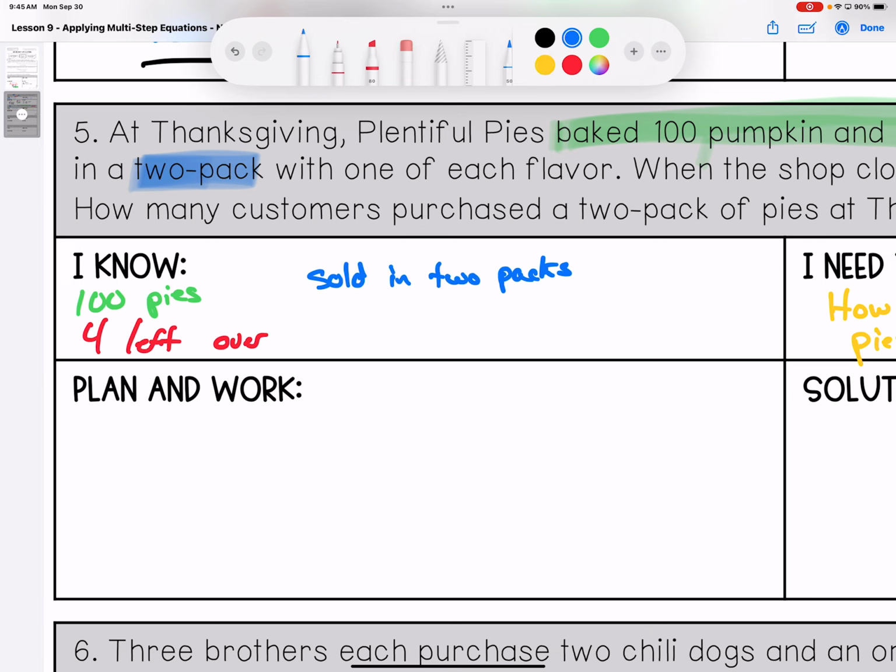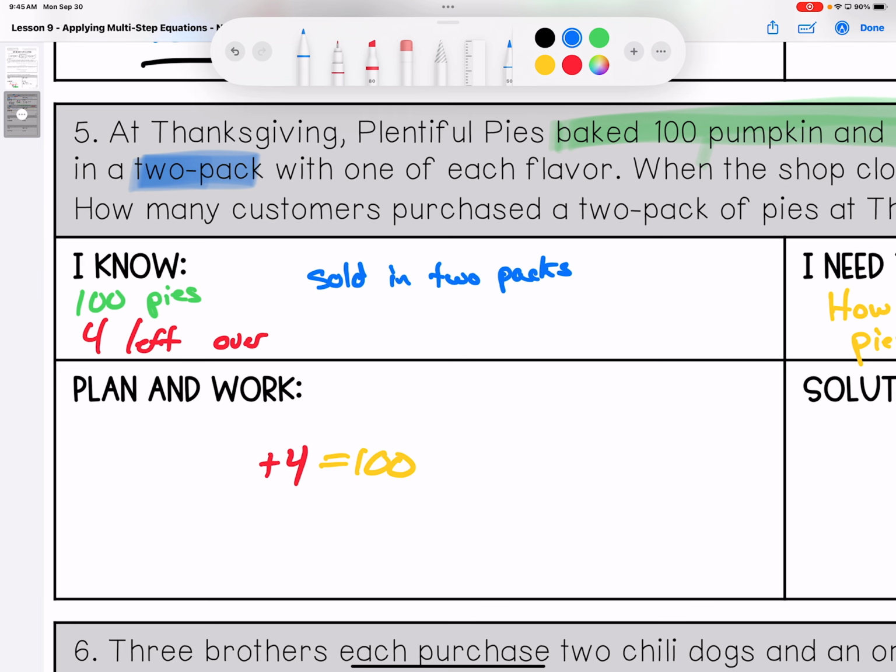All right. So we sold them in 2-packs. First of all, there was 4 left over. So how many ever we sold, we're going to add 4 to that because that's what's left. The total is what we started with, which was 100.